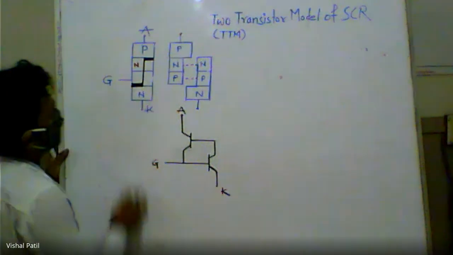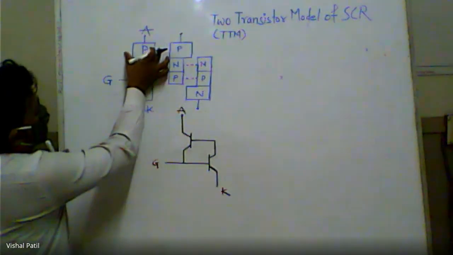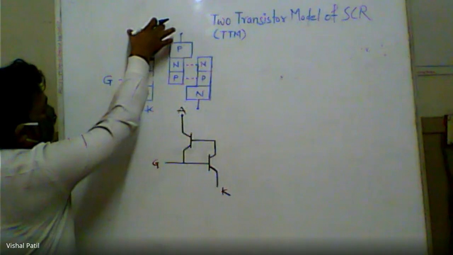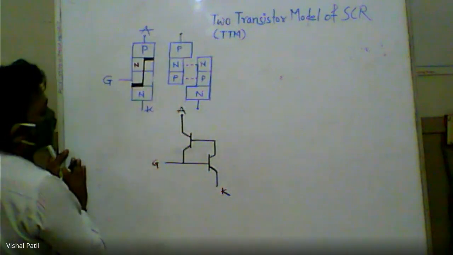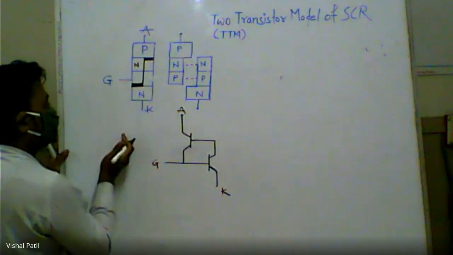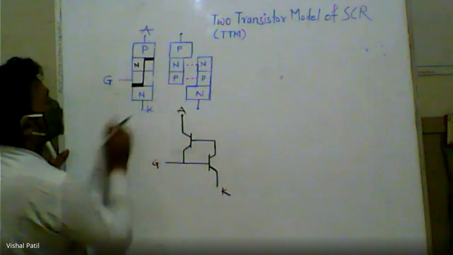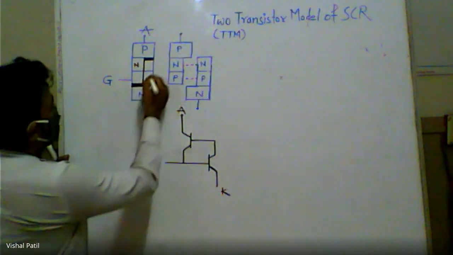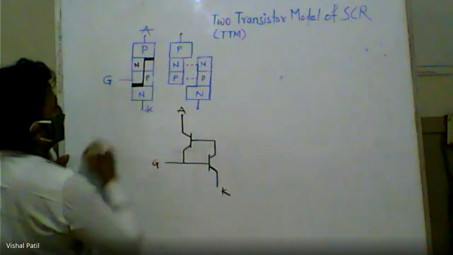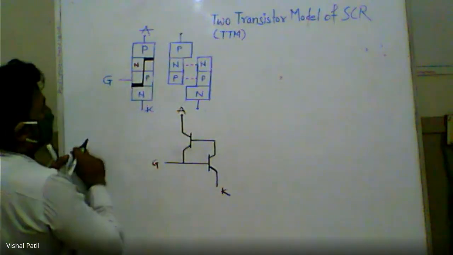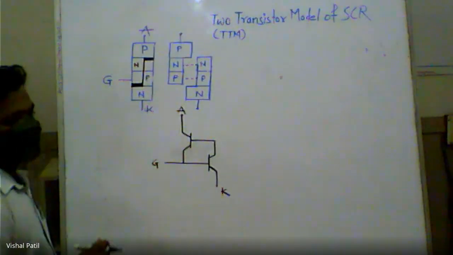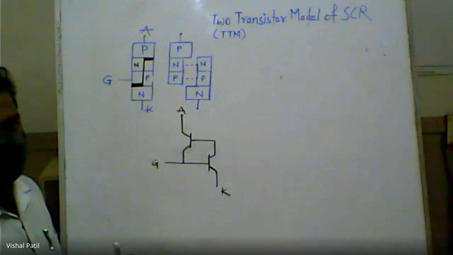Now the first P layer, the top P layer, where the anode is connected, is not bisected. At the opposite side, the N layer is also kept as it is. But the two layers placed in between them, N and P, are bisected and made apart.